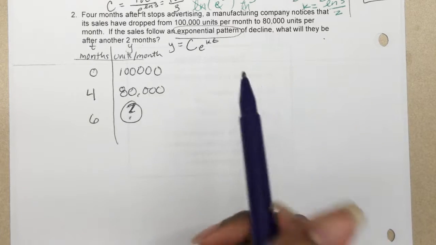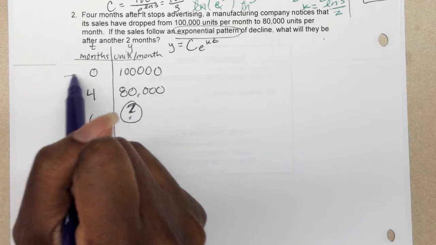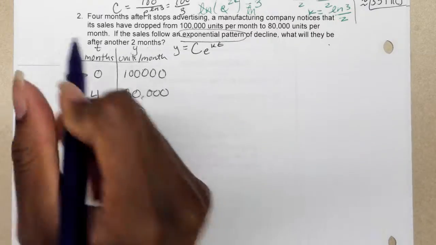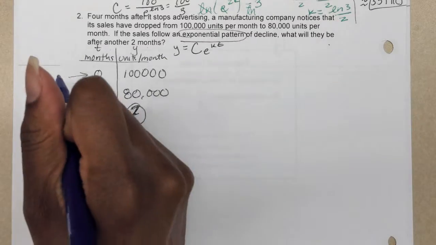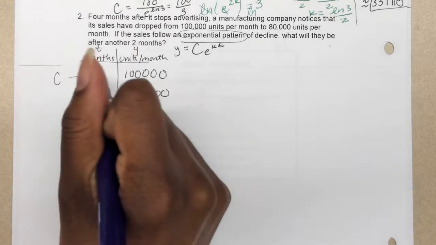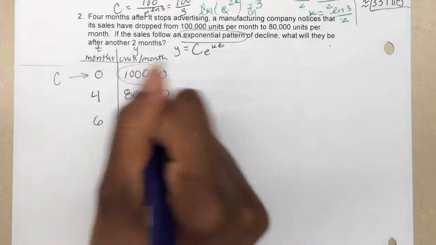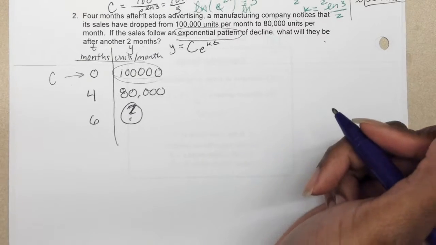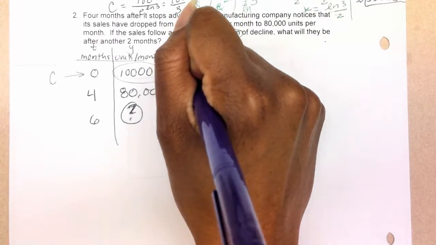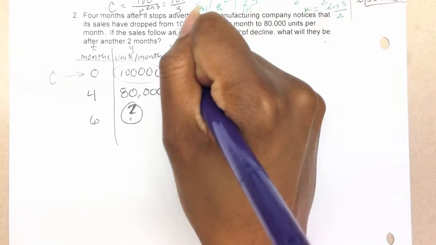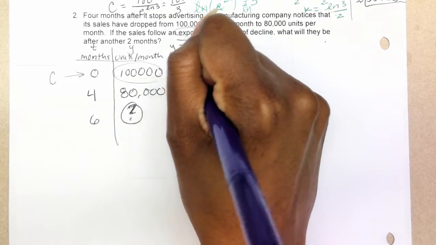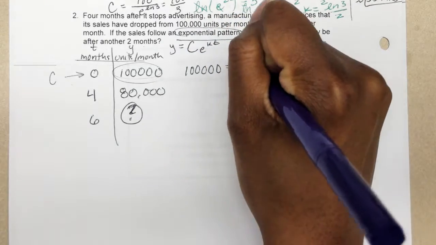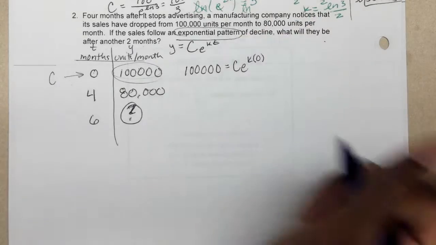In this case, remembering that C is going to be our initial condition, our initial condition is 100,000 units per month. So our C is going to be 100,000 units per month. If we wanted to double check that, we could plug in 100,000 equals C e to the k times 0.